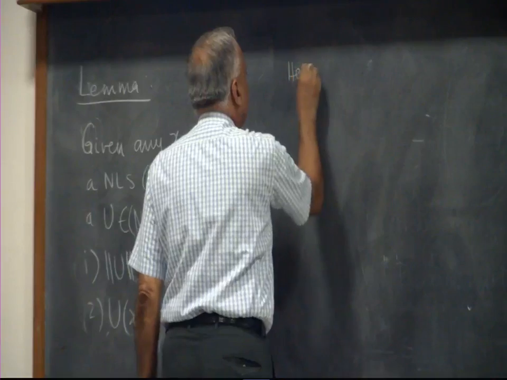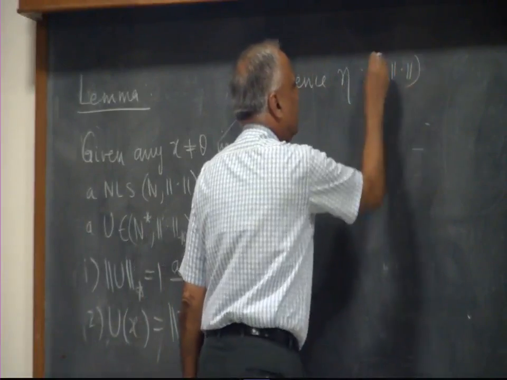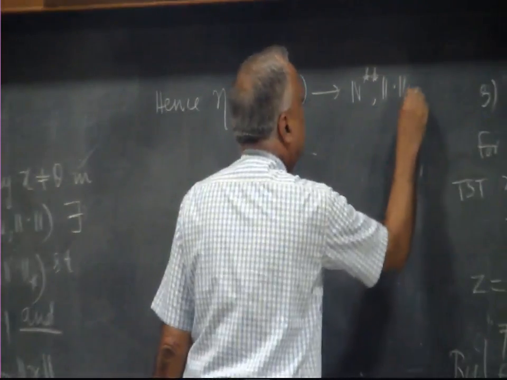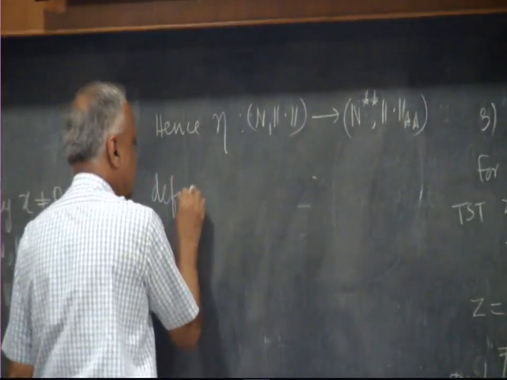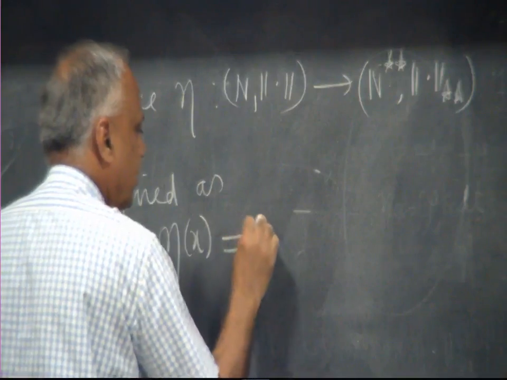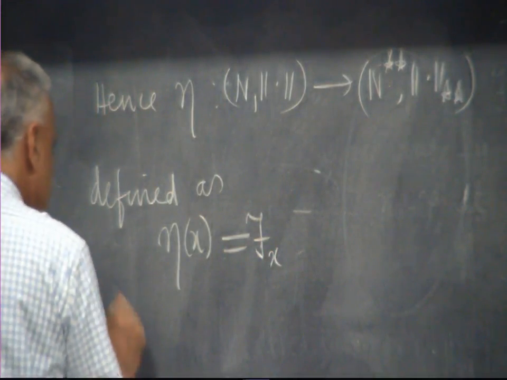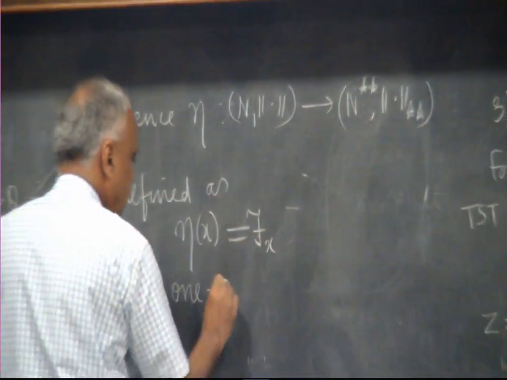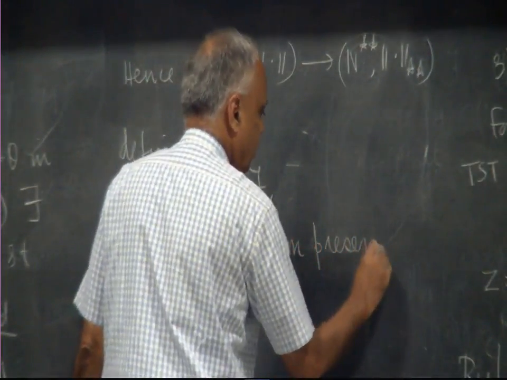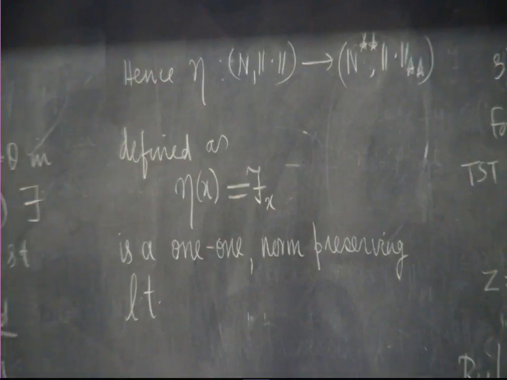Hence, eta from N to N double star, defined as eta of x is equal to f of x, with our previous notation, is a 1-1 norm preserving linear transformation.